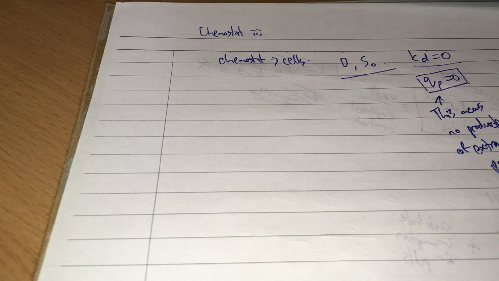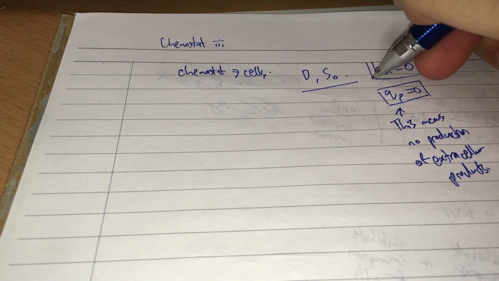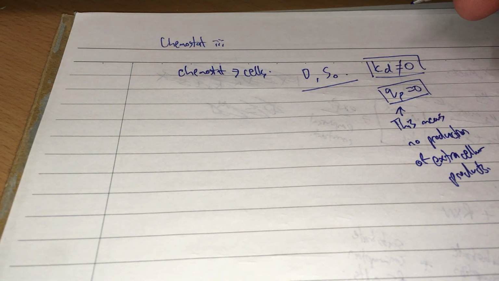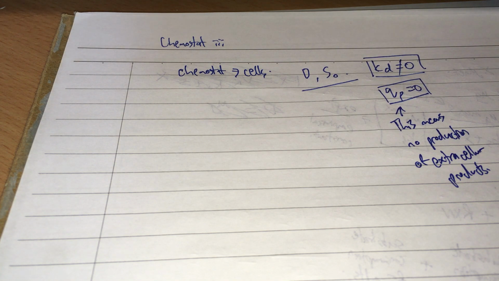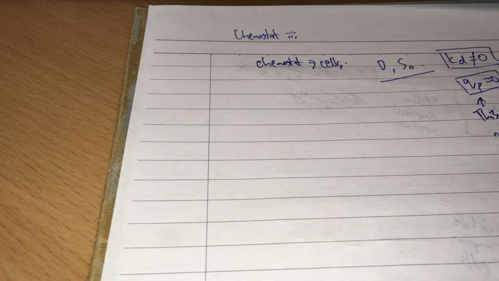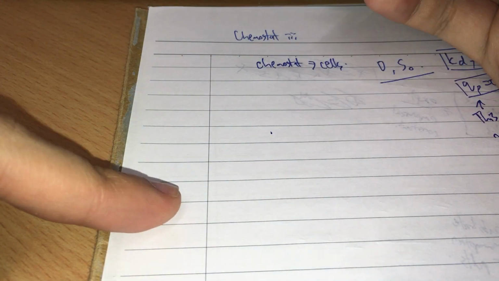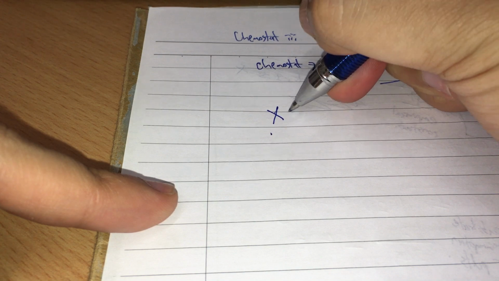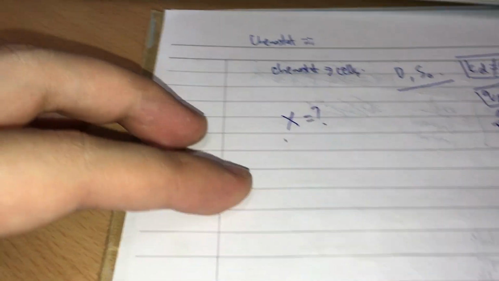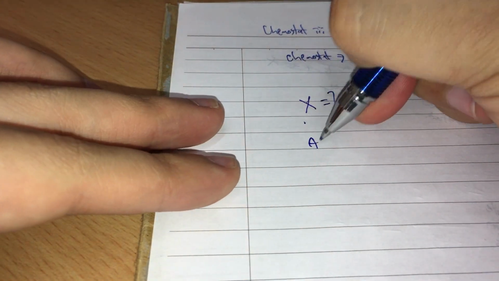But let's continue and look at the case where KD is not 0. You can't ignore KD, which is the death rate. So let's again perform some balances on our cells, because again we want to find the steady state outlet concentration of the cells. So okay, let's do it again.